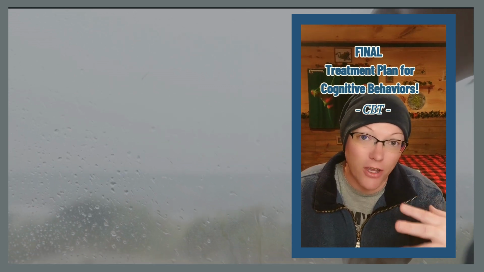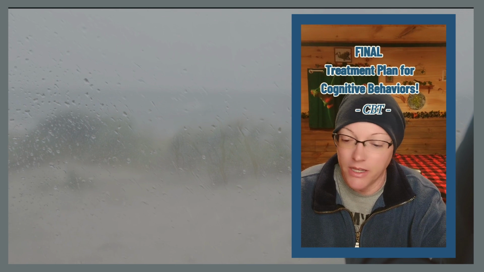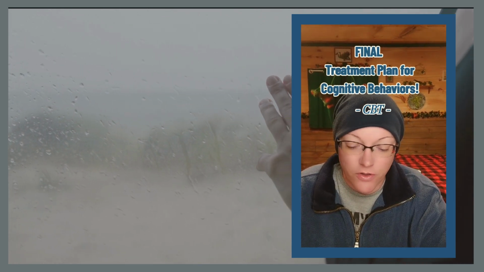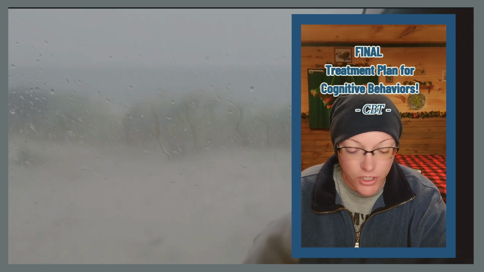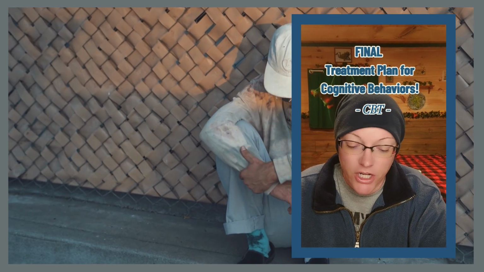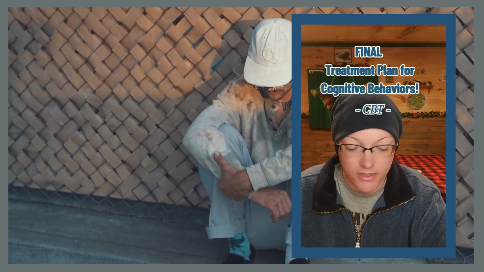So last, I want to talk about the treatment in this book, treatment plan basically in this chapter. And it states, if dysfunctional thoughts cause dysfunctional emotions, as the cognitive perspective proposes, then changing a person's thoughts should alleviate the distress that they cause.